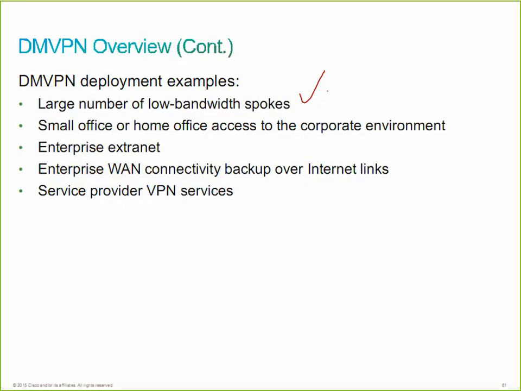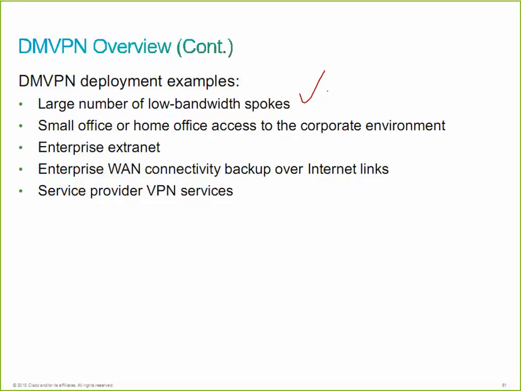The small office or home office access to the corporate environment. Probably not one of the most common implementations, but you can see where this could be useful, right? DMVPN can be used to provide work access from a small office or home office. We can have a whole bunch of spokes in this case. Now, they're not necessarily low bandwidth spokes, but they can be spokes nonetheless. And they need to access the corporate environment, right?